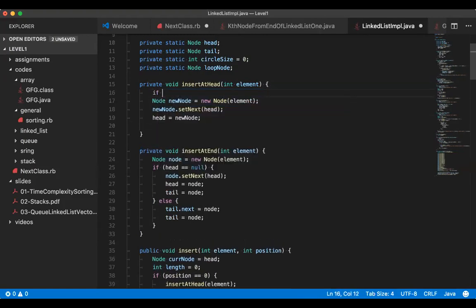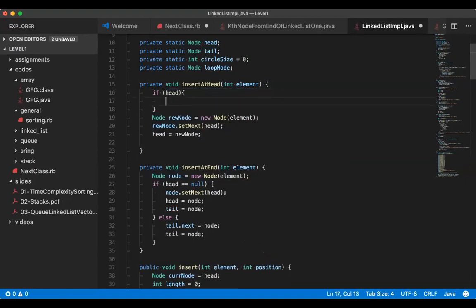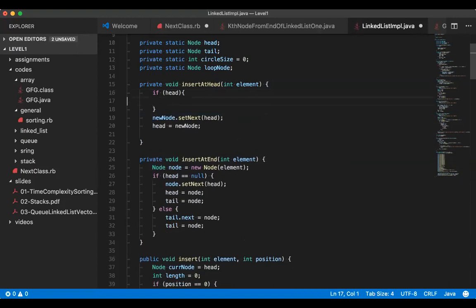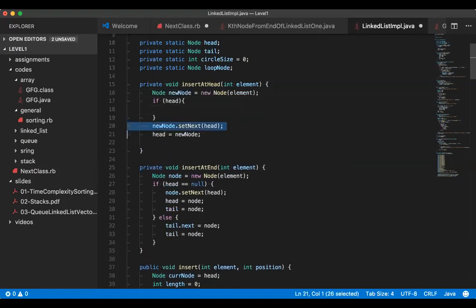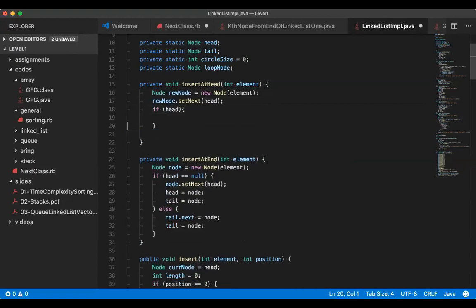So if head is there, then it's okay to create the new node, and new node set next is also okay.